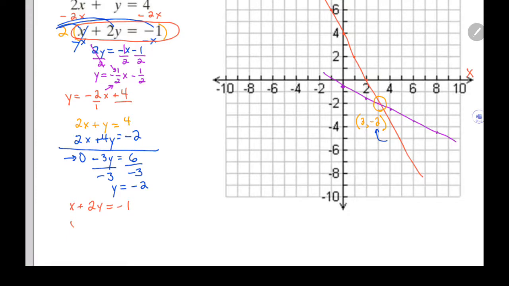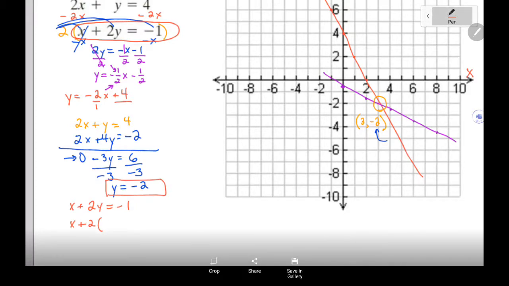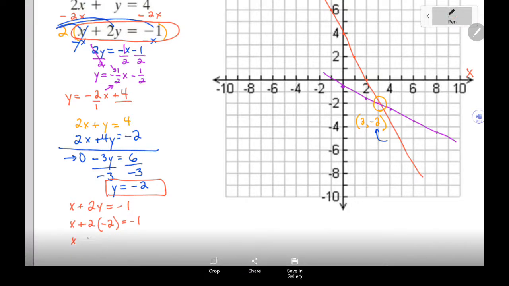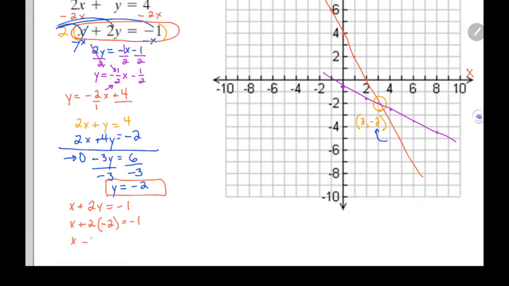And so I'm going to say x plus 2 times y, but I now know that y is minus 2. I had a suspicion from the graph, but I know it's minus 2. So I'm going to put that in for y is equal to minus 1. And now I can solve for x. I say x plus, that's going to be a negative 4. So I'm just going to write negative 4 is equal to negative 1.